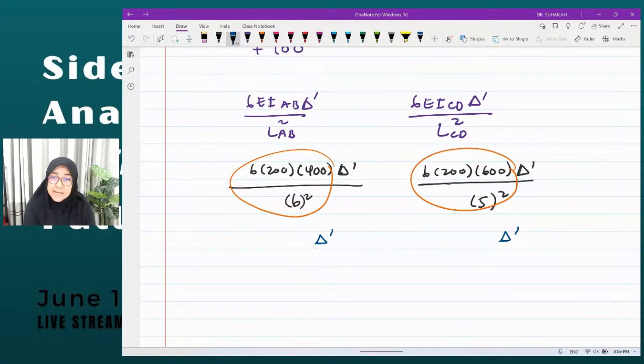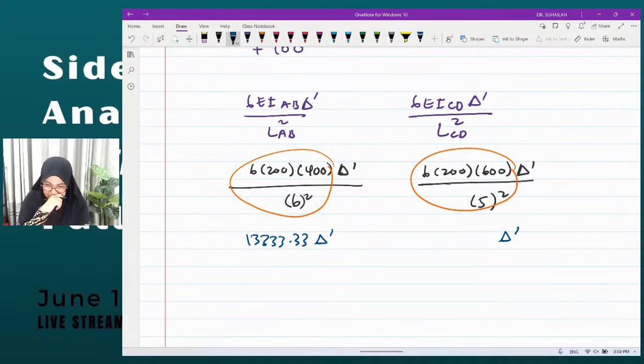This is just for checking, to verify that the 216 that you got previously is the correct answer. 6 times 200 is 1200, times 400 is 4800 divided by 36. The answer is 13333.33.